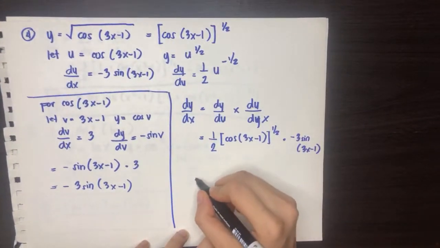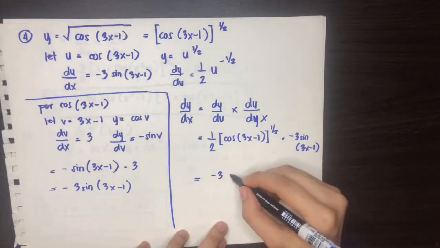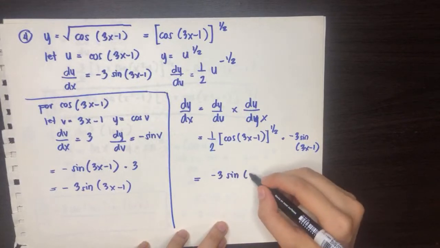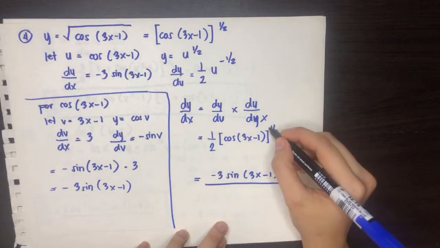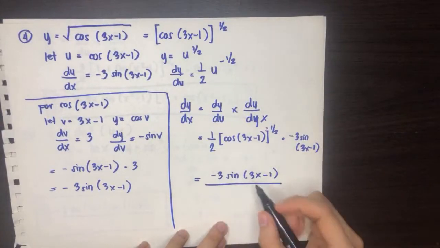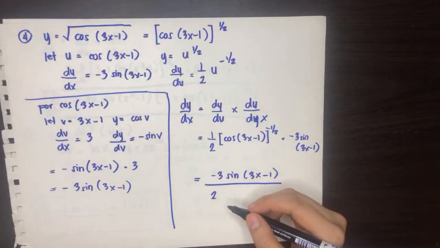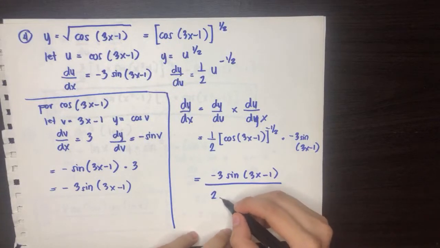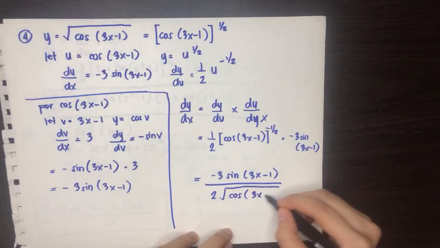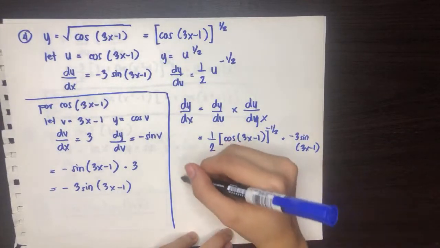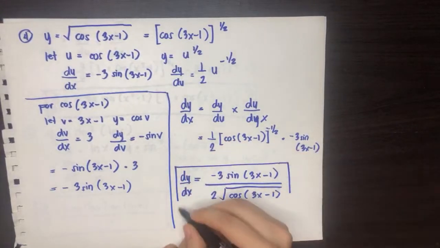So, simplifying, we have negative 3 sine of 3x minus 1 over 2. So, since negative 1 half yan, nasa baba siya ng equation natin. So, nasa denominator siya. So, square root lang ng cosine 3x minus 1. So, yan na yung final answer ng number 4.